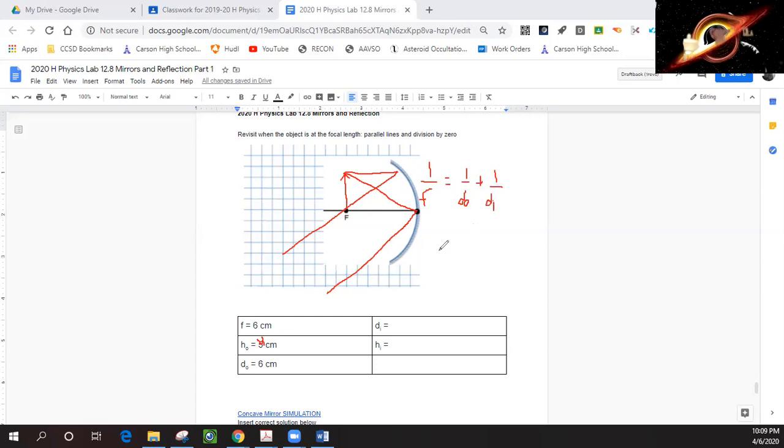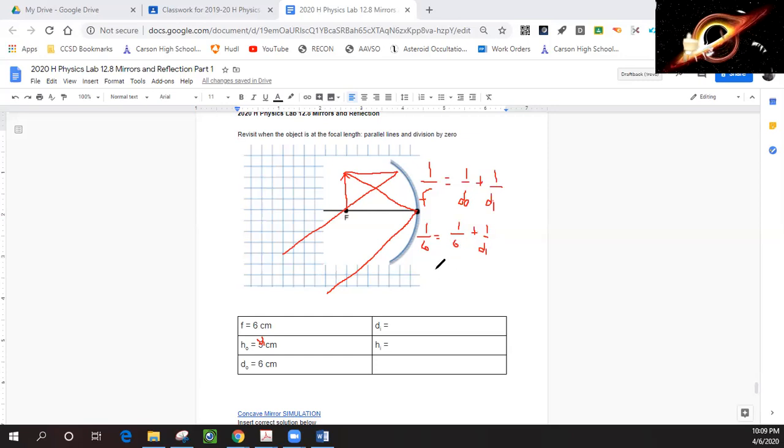Let's see where the image is. In this case, the focal length is 6 centimeters, so we put 1 over 6 equals 1 over 6, since the object is also 6 centimeters away, plus 1 over the distance of the image.